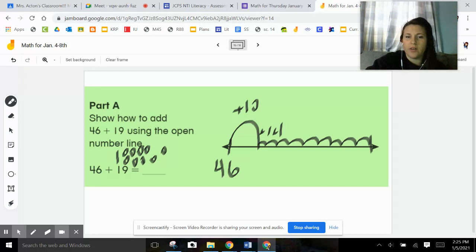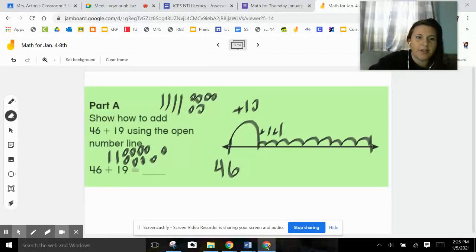So instead of doing all those and counting them, you can just say, okay, 46 plus 10. I'm just adding another 10 stick to it. Sorry, I was doing it to the wrong number. I was adding it to the 19 down here, and that's not the number I'm adding it to. I'm adding it to the 46. So here's our 46 right here, and we're adding 10 to it.